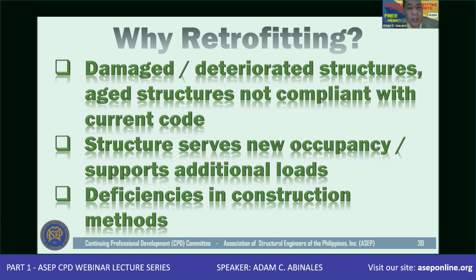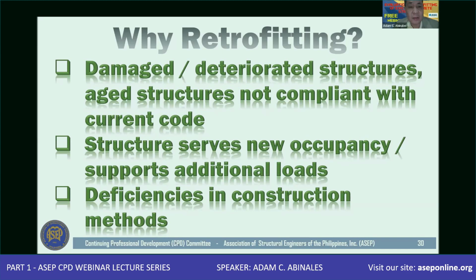Or you will have a structure that serves a new occupancy. For example, you have an existing building, and before it was just a simple standard building, and then you are converting it to a structure that will be accommodating a bigger live load.